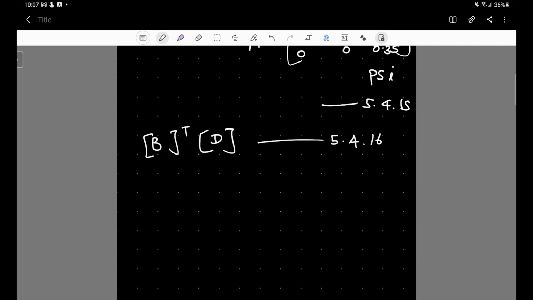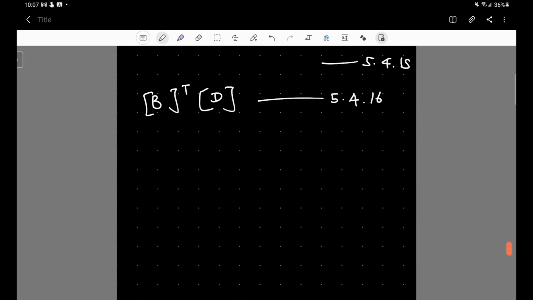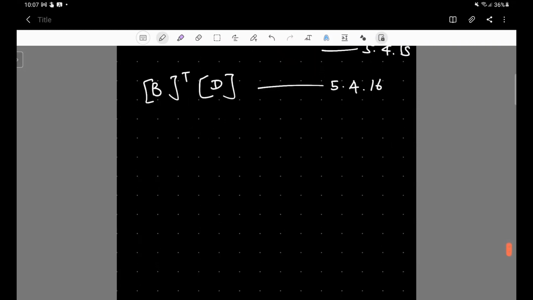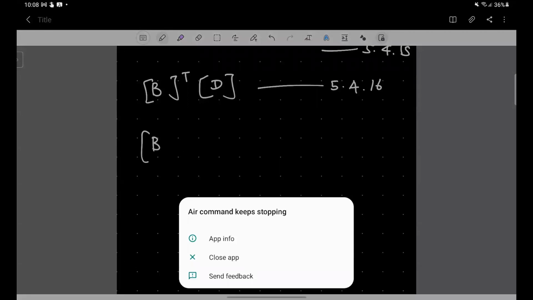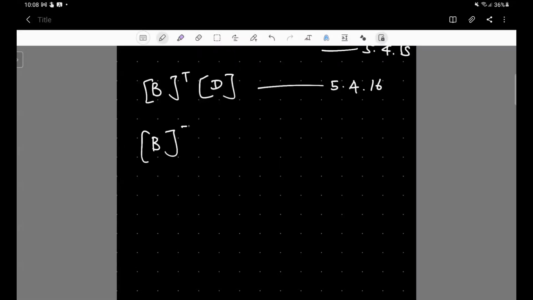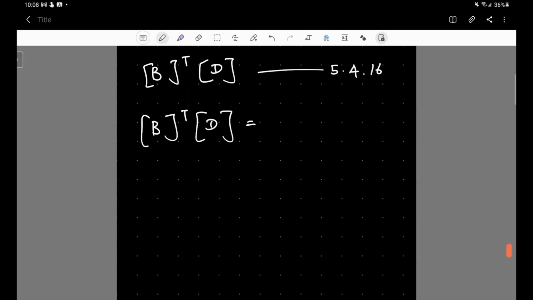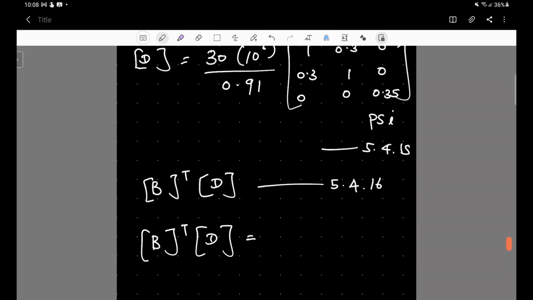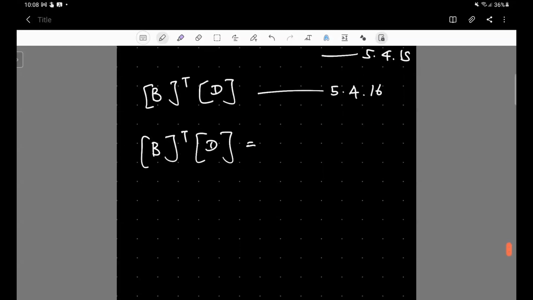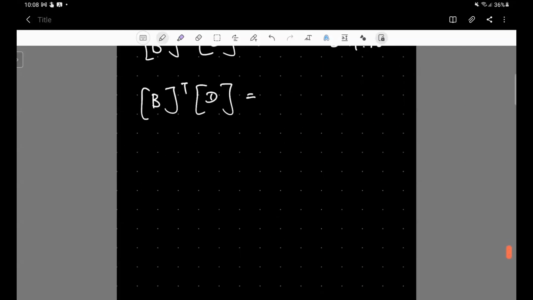So this multiplication would yield a simplified equation. I will not substitute; you can see the substitution in the supporting material.